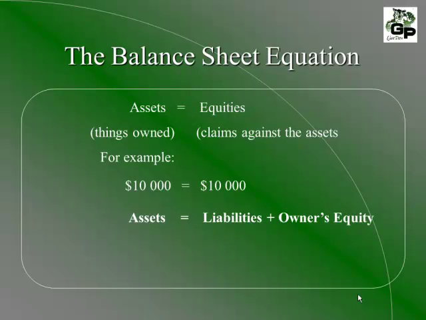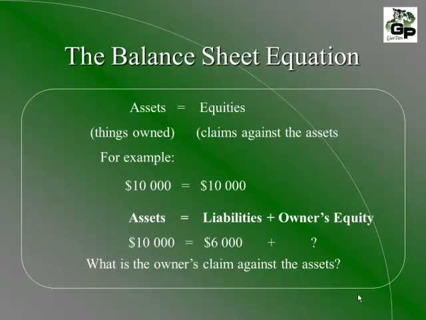Assets equals liabilities plus owner's equity. Now, if we have assets of $10,000 and liabilities of $6,000, it stands to reason that the owner's equity is 10,000 minus 6,000, which will give us 4,000. So in this case, the owner's equity, or the owner's claim against the asset, is $4,000.